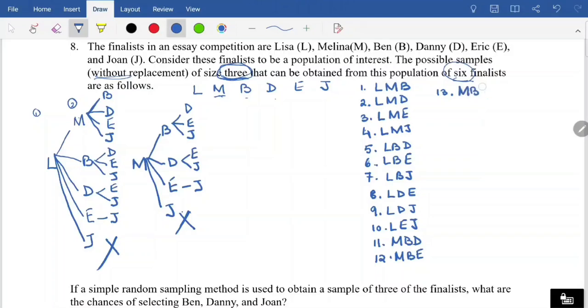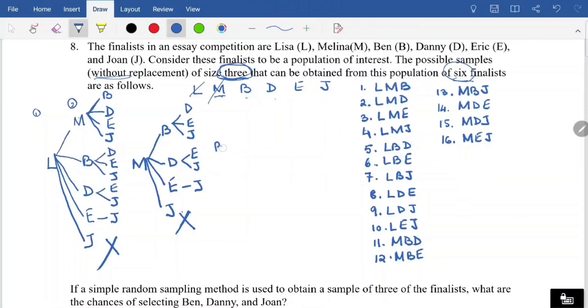So MBJ, then MDE, 14, MDE, then 15 is MDJ, and then MEJ. All right, now we are done with M. L and M are over. We have completed all combinations that will have L and M in it. Now we have to work with B.